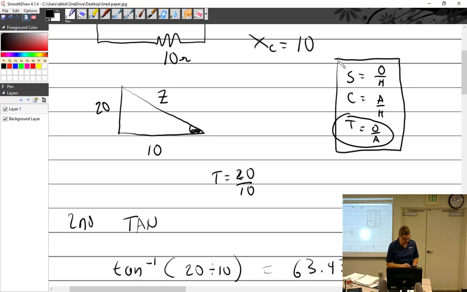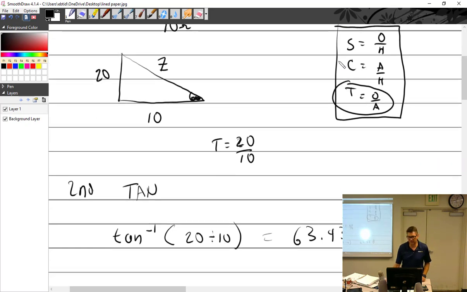If you're getting the wrong answer, the button is right next to the second function. You have degrees, rad, and gradient, GRD. Make sure it's on degrees.